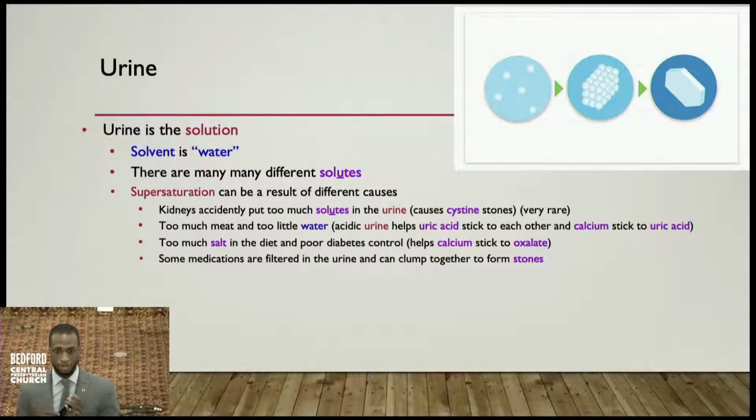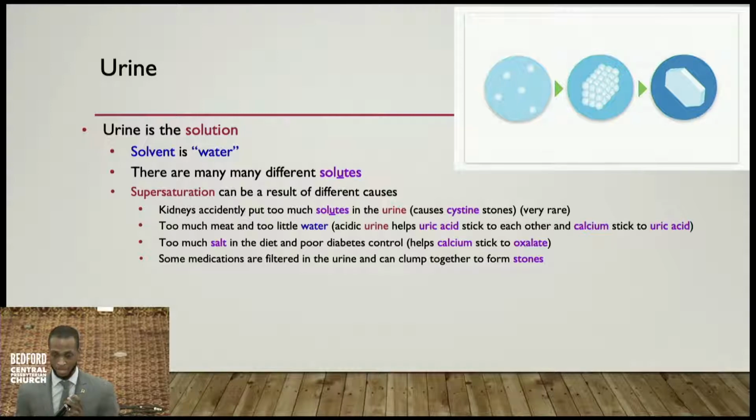And so if you have to check your blood sugar, making sure your blood sugar range is where it's supposed to be. Fruits and vegetables help. And then there are some medications that can affect your risk of kidney stones.